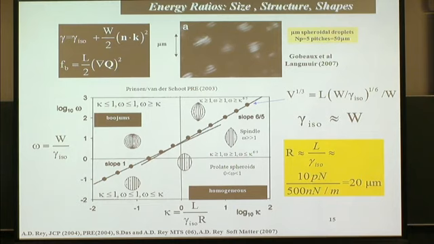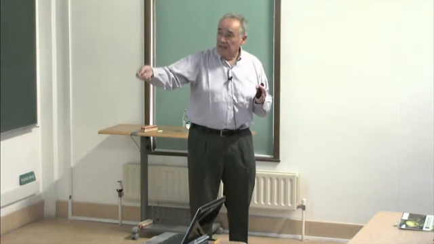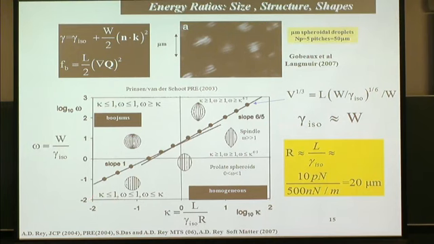This is the diagram, a beautiful paper, Prinsen and van der Schoot, 2003. You have two axes. One is the ratio of anchoring to isotropic tension. The other is the ratio of Frank elasticity to isotropic tension. So this diagram gives you an idea of the structure and the shape.